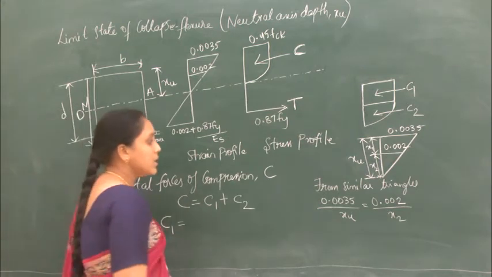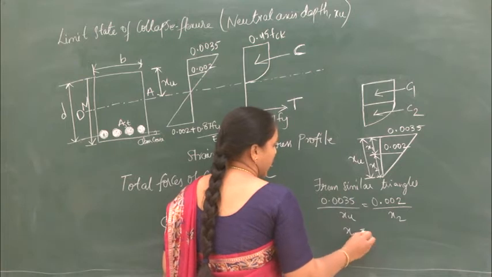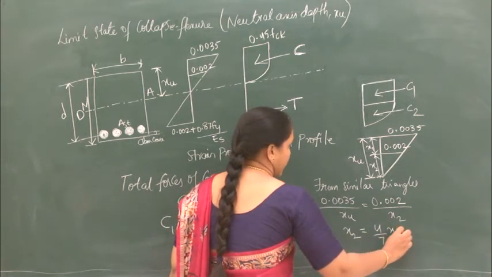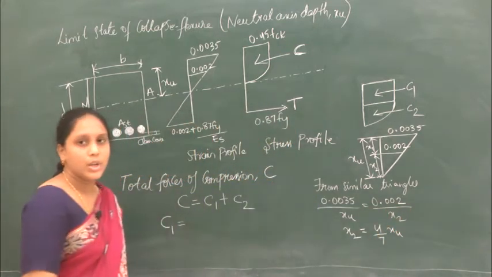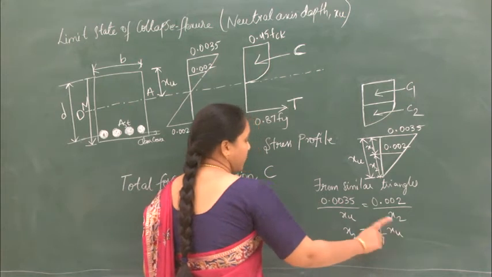From this you get the value of x2 as 4/7 xu.